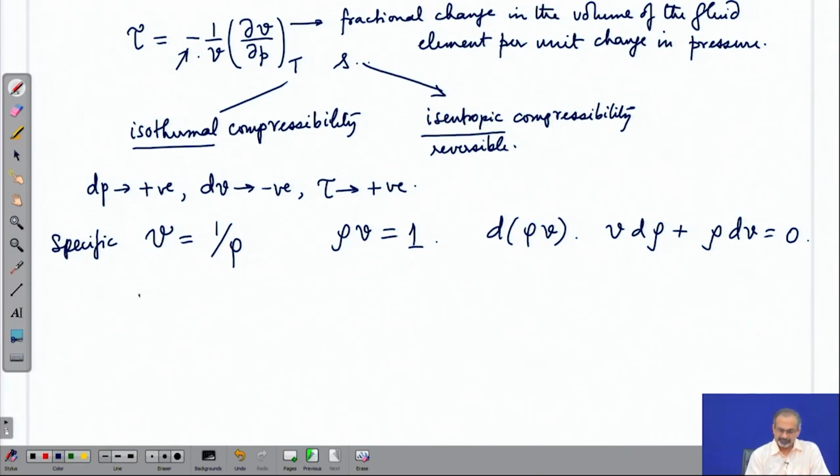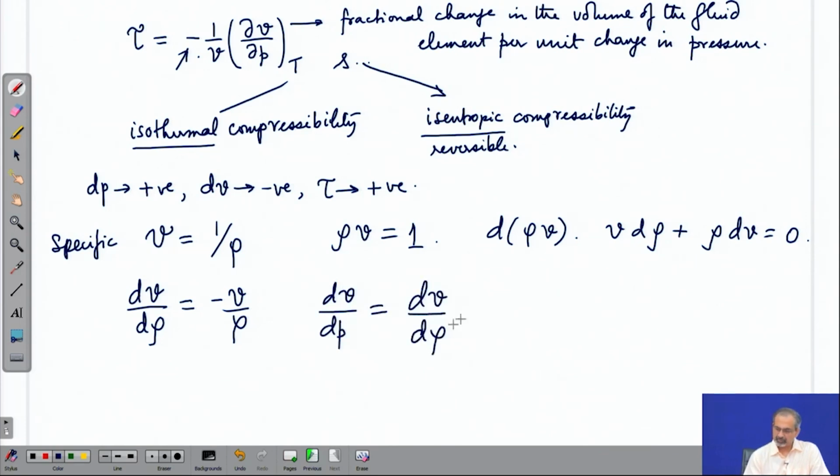From this relation, we can obtain dV d rho is equal to minus V by rho, and dV dP is equal to dV d rho into d rho by dP, which is minus V by rho times d rho dP.